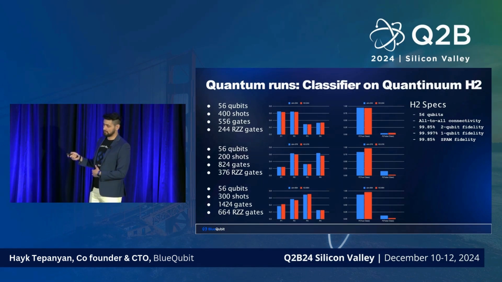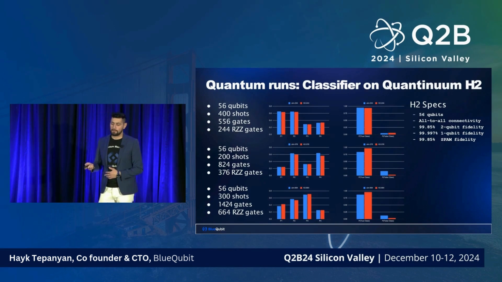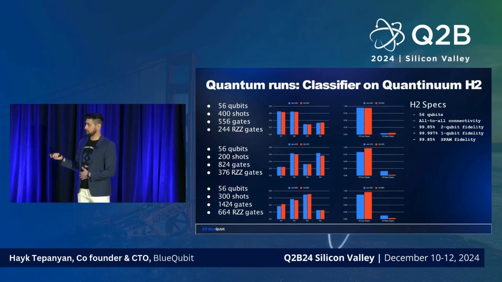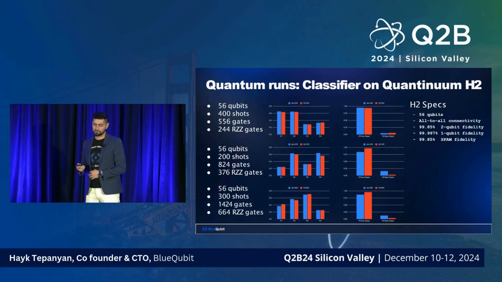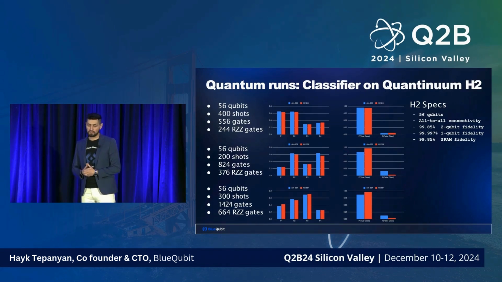The blue bars are the ideal simulator results, and the red lines are the results that we get from the quantum hardware. And as you can tell, again, the quantum results mimic very nicely the actual expected results from ideal simulation, all the way for the largest circuits that we run at 664 RZZ gates and around 1,500 total gates.